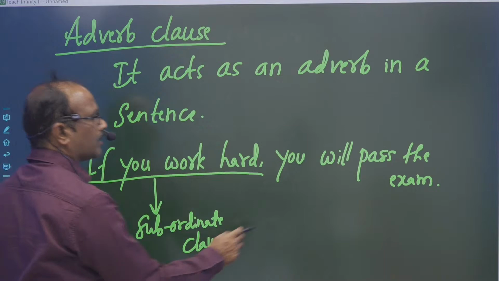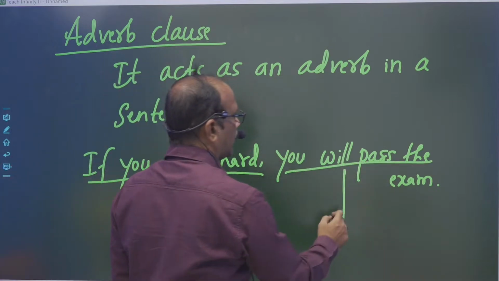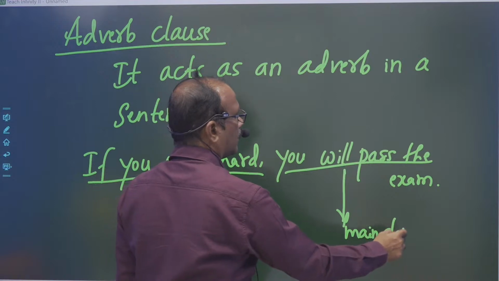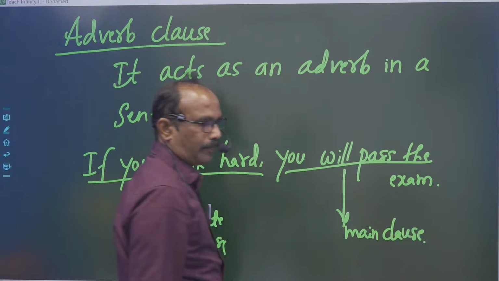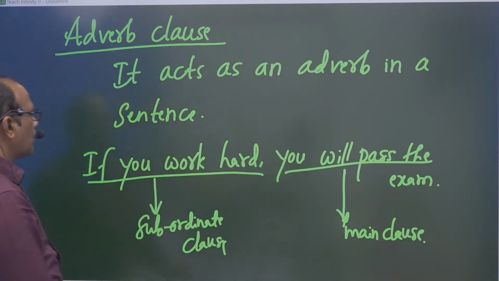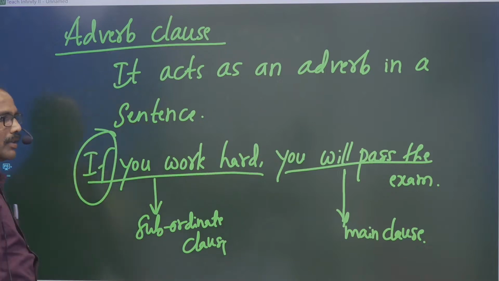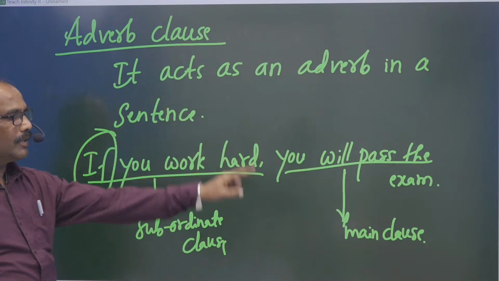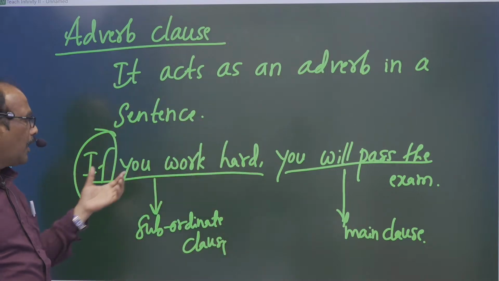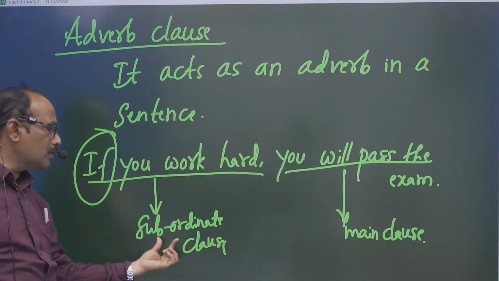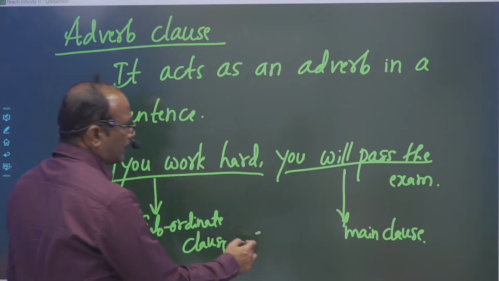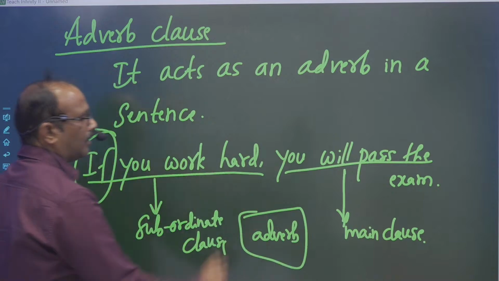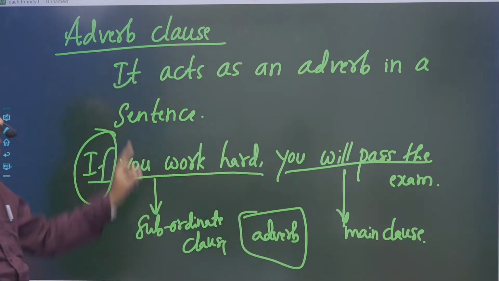And you will pass the exam. This is also a clause, and it is the main clause. And these two clauses are connected with this particular subordinating conjunction, that is if. That's why this is a complex sentence. And here, if you work hard, this subordinate clause acts as an adverb. That's why that is called as adverb clause.